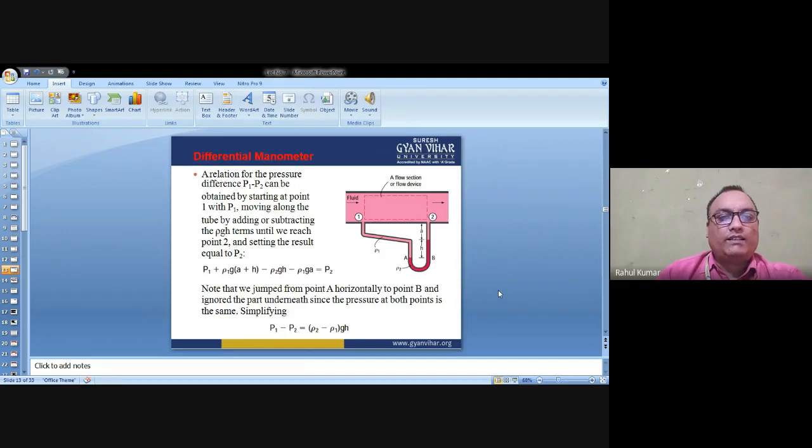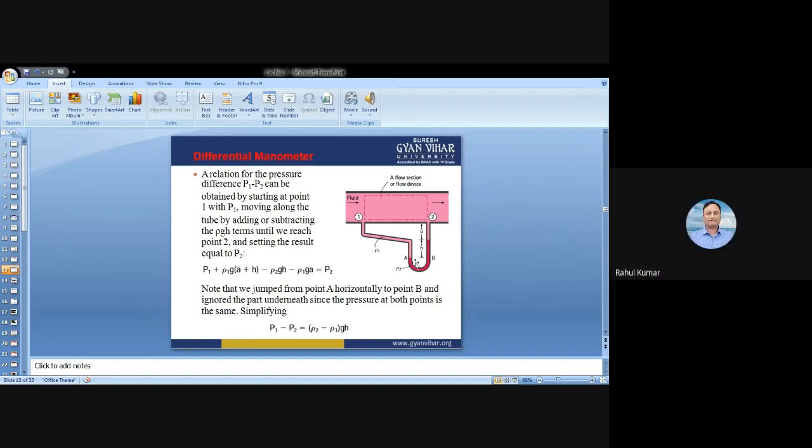Then for the relationship, first you make one datum level, A and B. This is the datum level, or we can say the reference point.